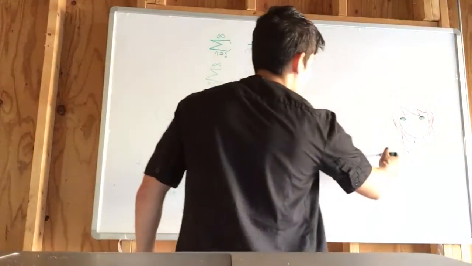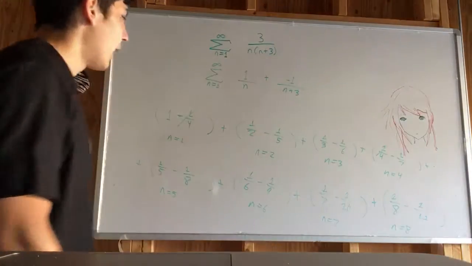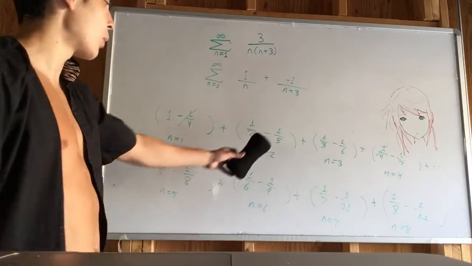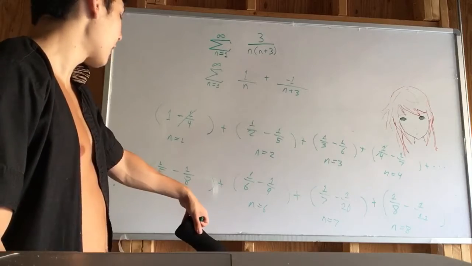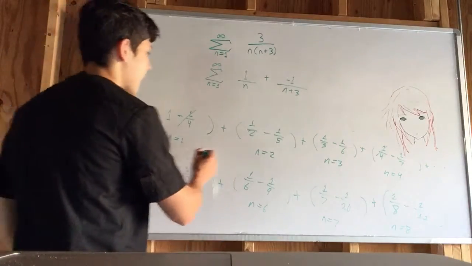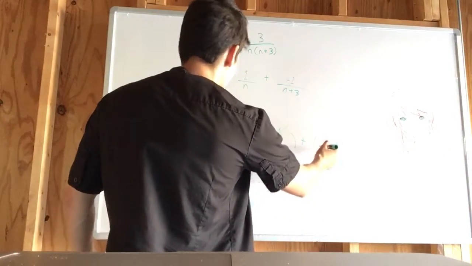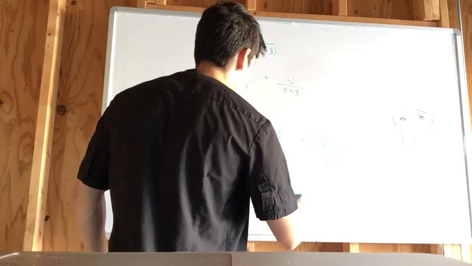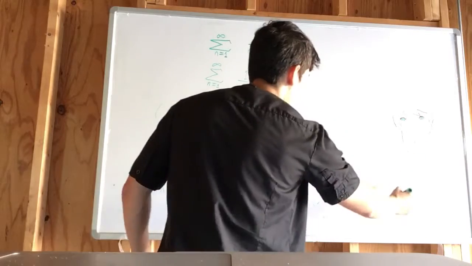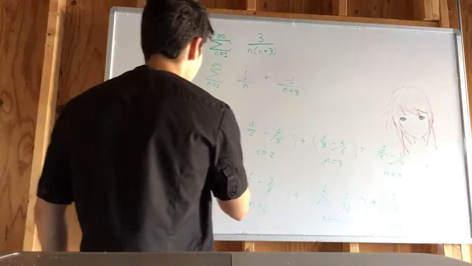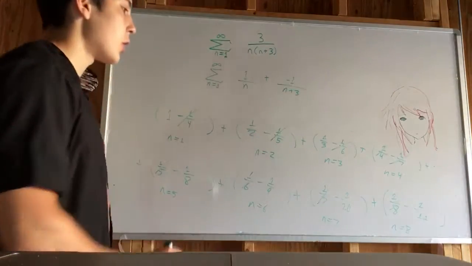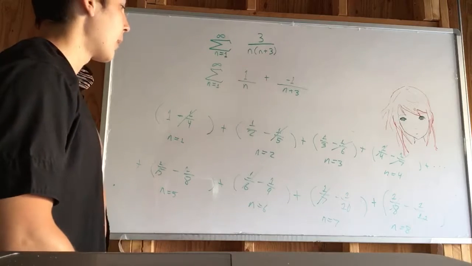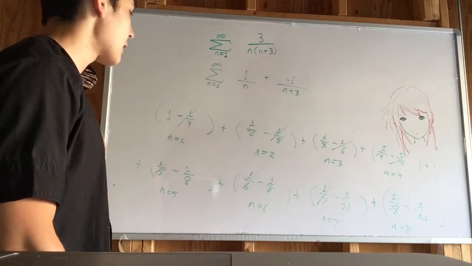This negative cancels out with this positive. Negative 1/5 cancels out with this positive 1/5. Negative 1/6 with this 1/6, negative 1/7 with this 1/7, and 1/8 with this negative 1/8. So things will cancel out, but sometimes it just takes longer than normal.